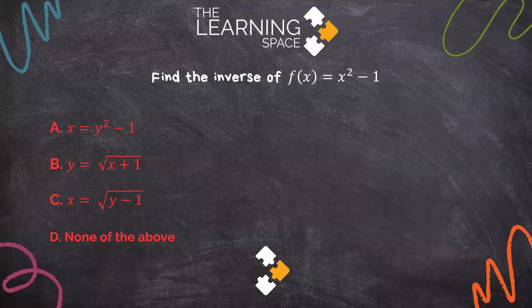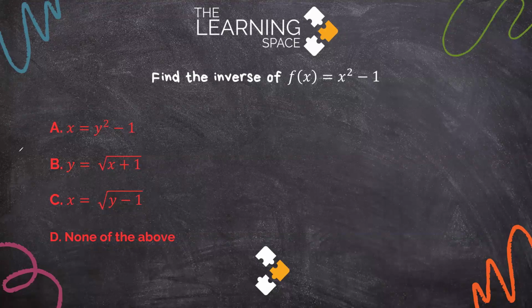Okay, we're going to go over it together. Let's see which one is the correct answer. Okay, let me just try to annotate. Okay, so to find the inverse, firstly, I'm going to write it out for myself.